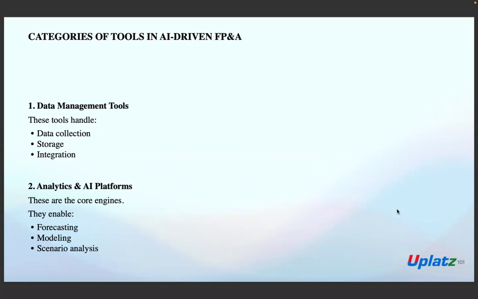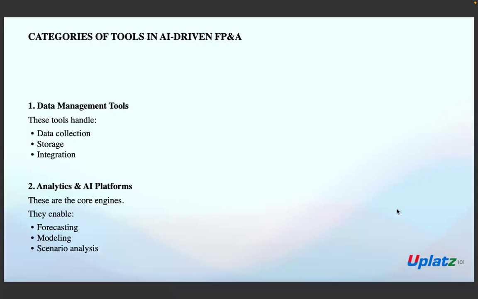The purpose of data management tools is to ensure clean, accessible, and integrated data.